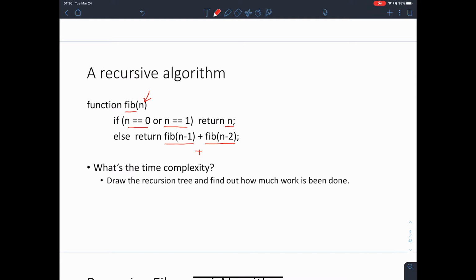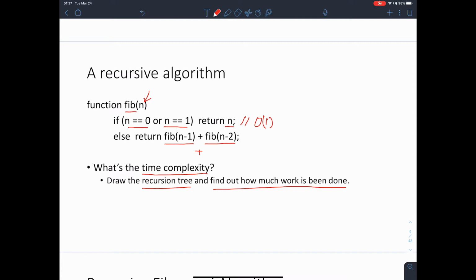So now the question is, what's the time complexity of this algorithm? One way to find the time complexity is to use the recursion tree method and find out how much work this function is doing. This function does some constant time work to check whether n is equal to 0 or n is equal to 1.